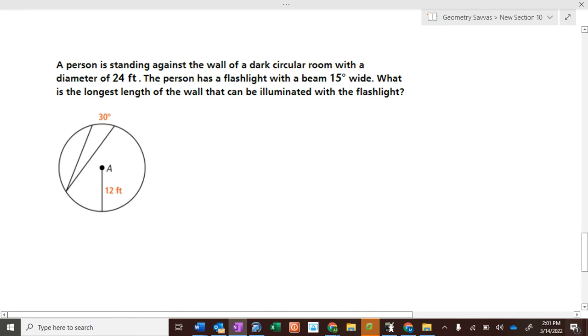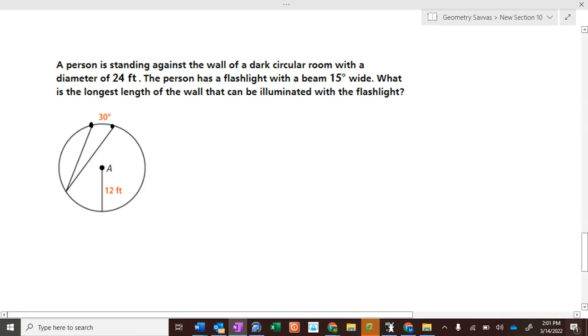A person is standing against a wall of a circular room with a diameter of 24 feet. The person has a flashlight with a beam 15 degrees wide. What is the longest length of the wall that will be illuminated by the flashlight? Otherwise known as, what's this arc length from here to here? No. It's 30 degrees, but how long in feet is it?